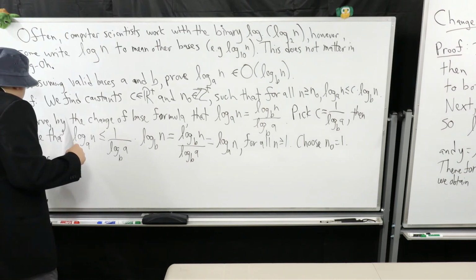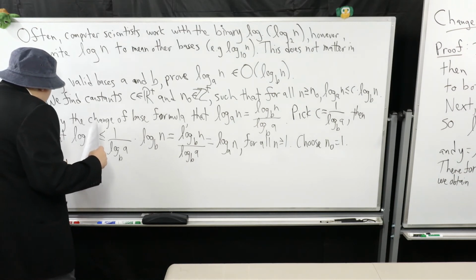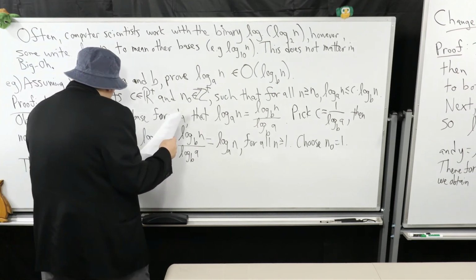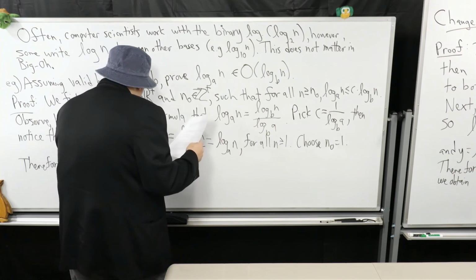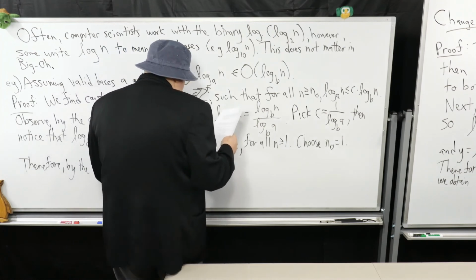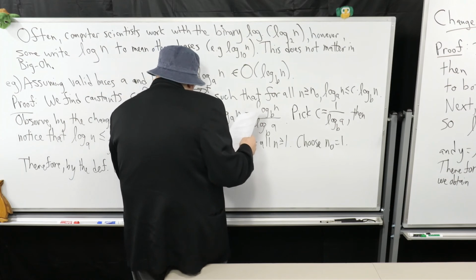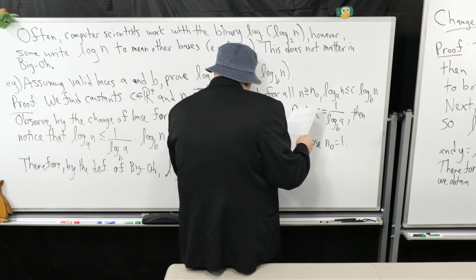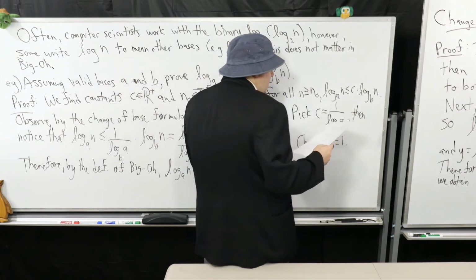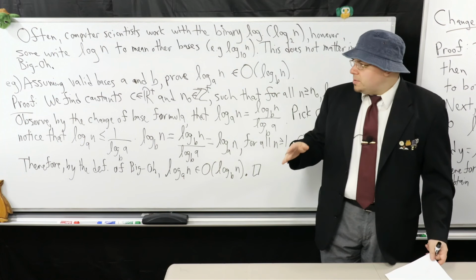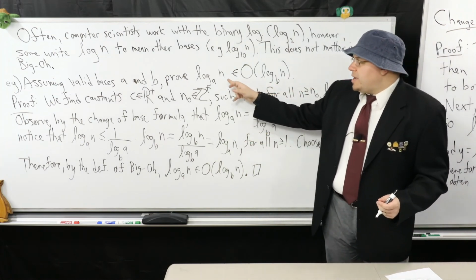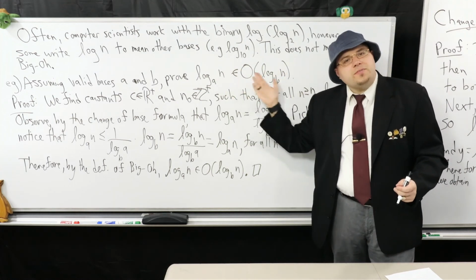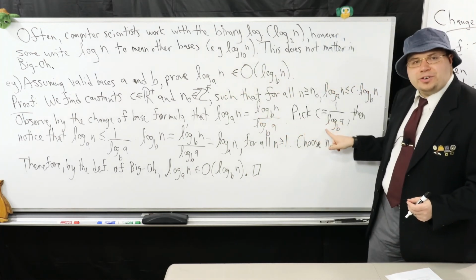Therefore, by the definition of big O, log base A of n is big O of log base B of n. Bingo. So just the big takeaway here. Remember that if I give you any two valid bases, I can convert between them, and it only differs by some constant factor.